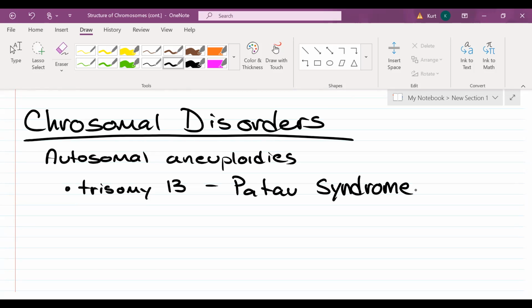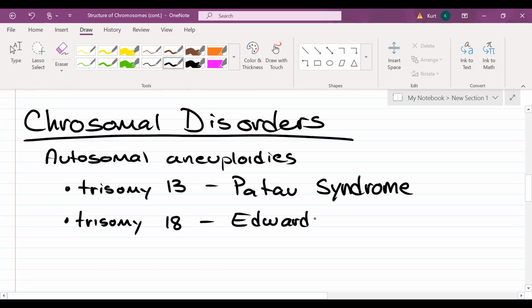It's not. All right, the next one is trisomy 18. This is called Edwards syndrome. Now, if I'm not mistaken, I think back in 2012, there's a guy running for president.